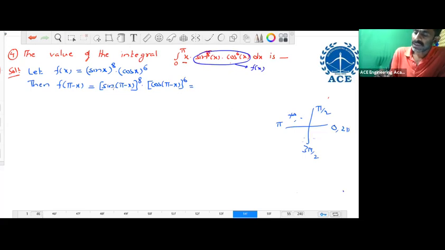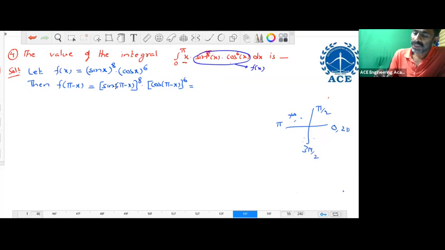Sine of pi minus x is plus, because it belongs to the second quadrant, and in the second quadrant sine is positive only. But cos of pi minus x, in the second quadrant, is negative, so its sign is negative.